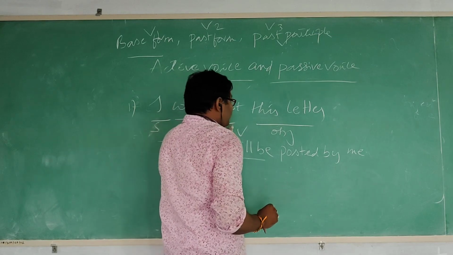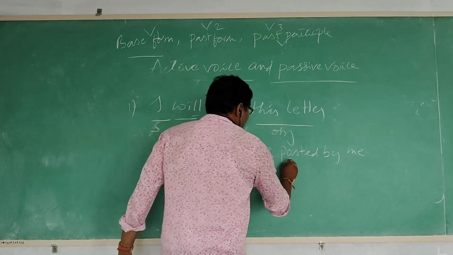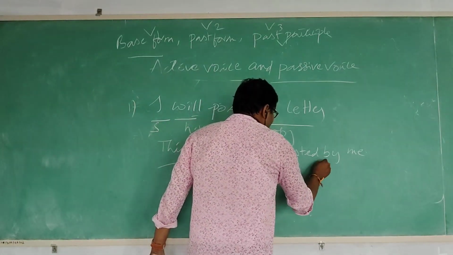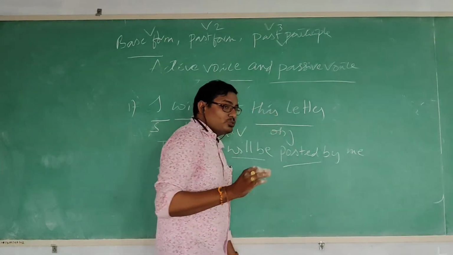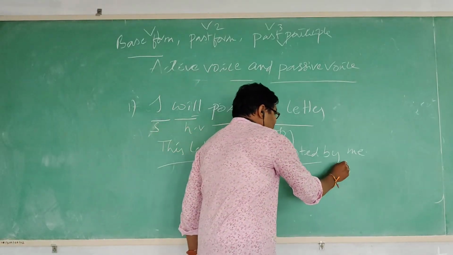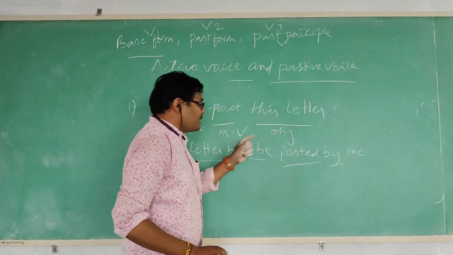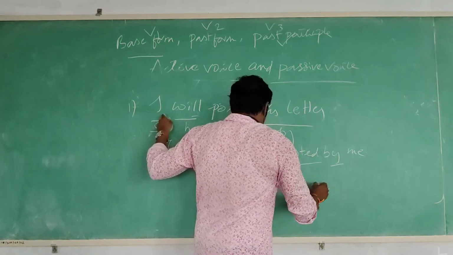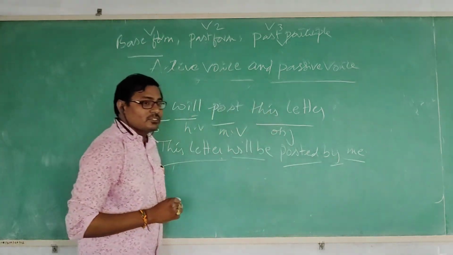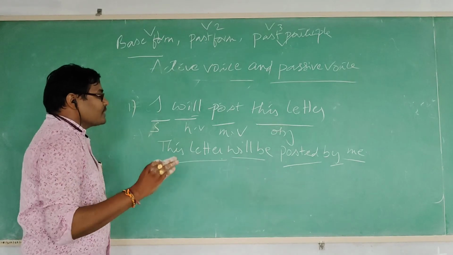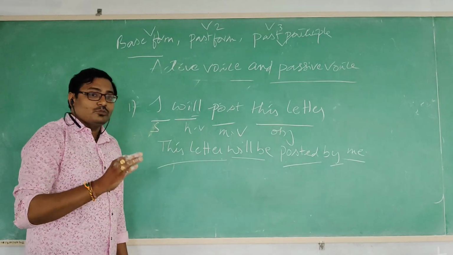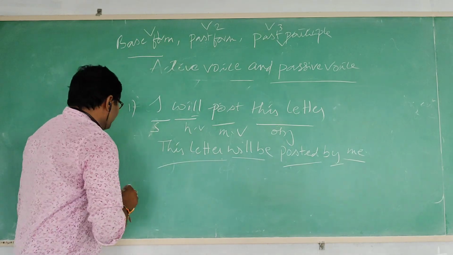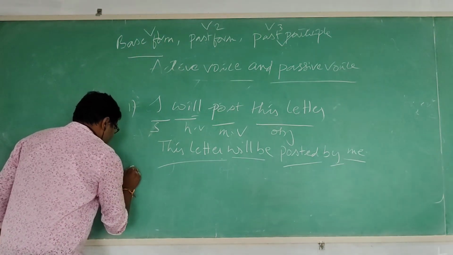We have to write posted here, and we have to use the preposition by, followed by the past participle. And I became me in passive voice. Okay, this is the way how we can convert an active voice into passive voice in simple future tense.